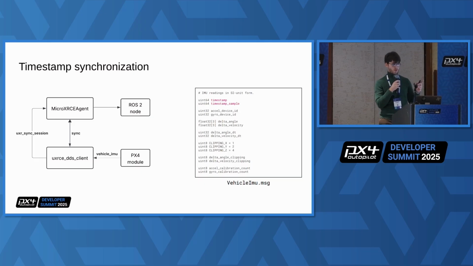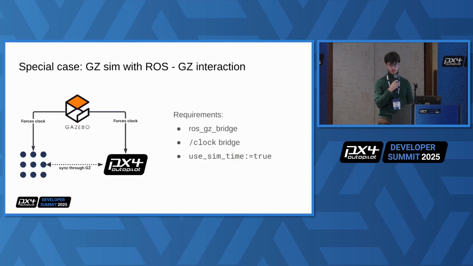Do you always want the timestamp synchronization? No. There is one special case. If you're running a Gazebo simulation with ROS2, and ROS2 is interacting with Gazebo, then best practices want you to synchronize the ROS2 clock to Gazebo, because the real-time factor might not be 1.